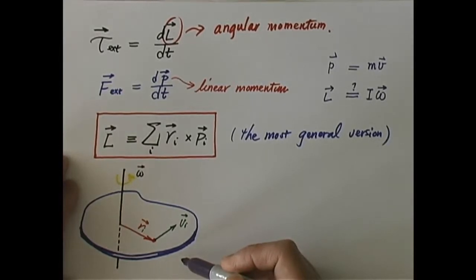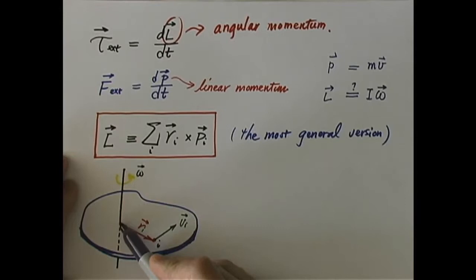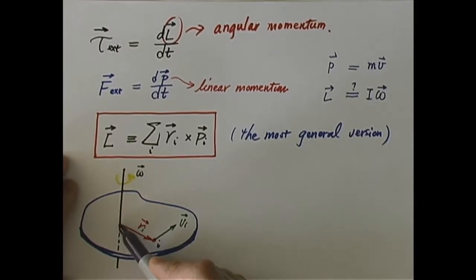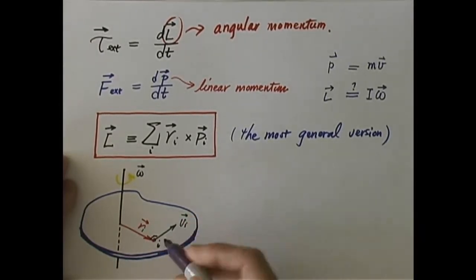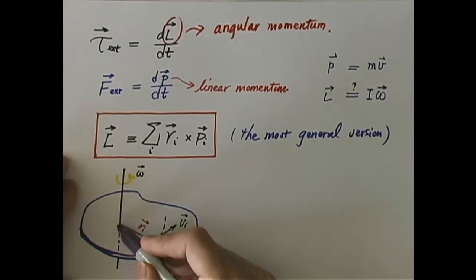At this very moment, look at the ith particle. The ith particle is located a distance, with a position vector r sub i from the axis, and it is moving with a velocity v sub i. This of course is 90 degrees because this particle is actually doing a circular motion about that point O.